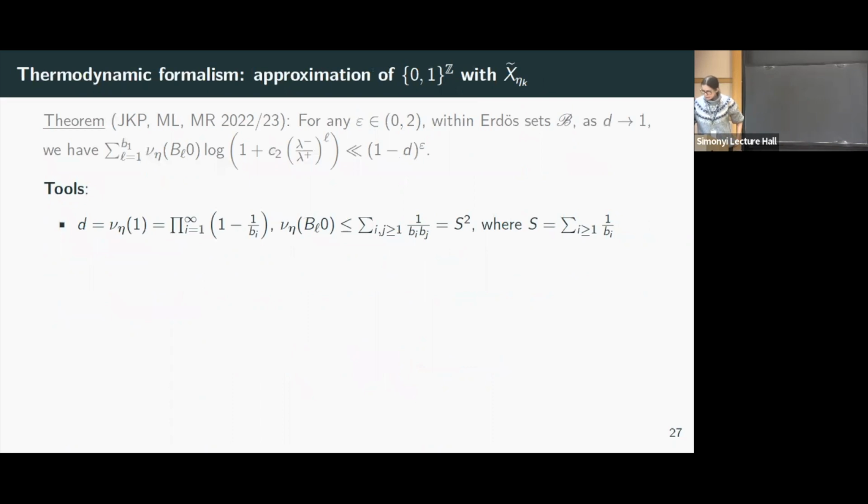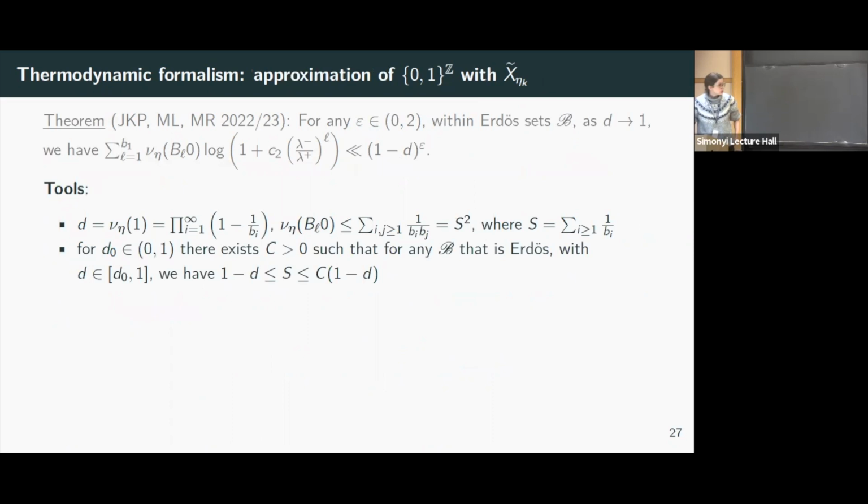Let me tell you a few words about the proof. These are the main 2 tools that we have, and this is really related to the F case. D is the Mirsky measure of block 1, and this is the formula for it. These blocks B, L0 also appear there, so we need to control their measure.